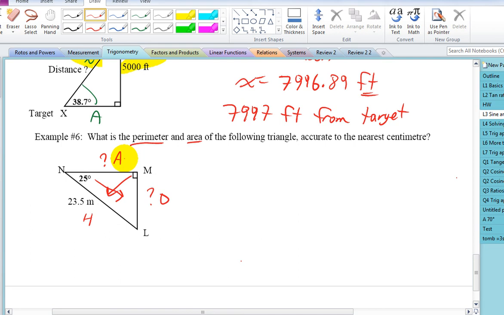LM? Sure, find LM first. So finding LM, would you use sine, cos, or tan? Sine. Sine 25 degrees equals LM over 23.5. Okay, so it's okay to use two capital letters for sides, so we're going to practice that a little here.